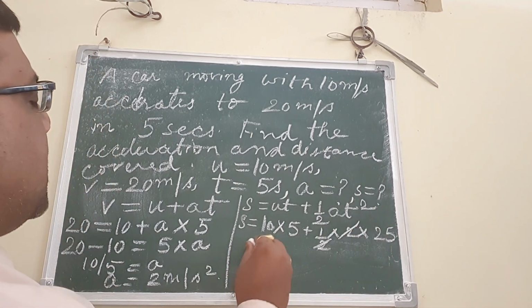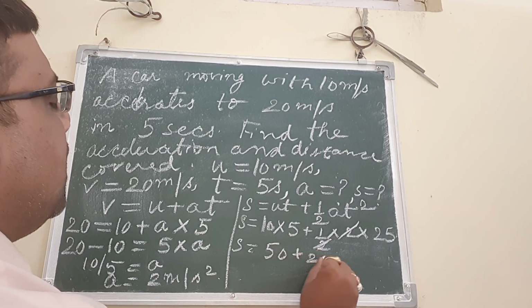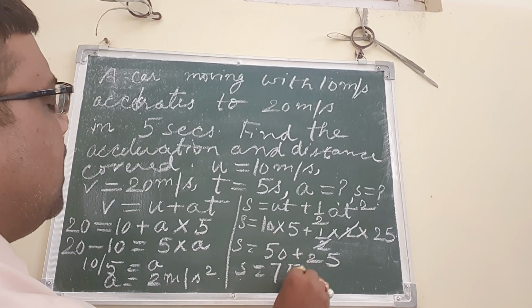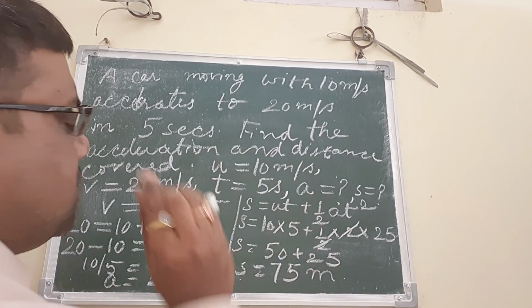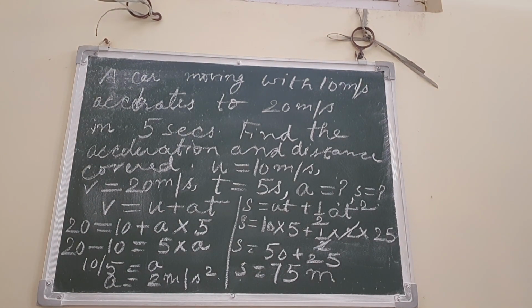So 2 gets cancelled, so it is equal to 50 plus 25. So s is equal to 75 meters. So this is our answer. So the distance covered is 75 meters. So I think you all might have understood this question. So we are going to understand this question once more.